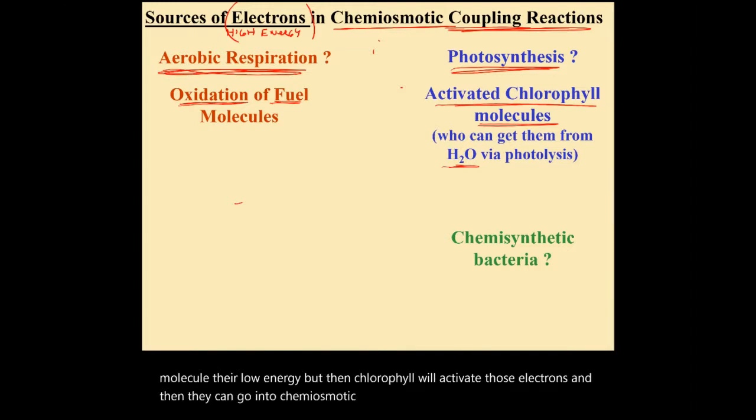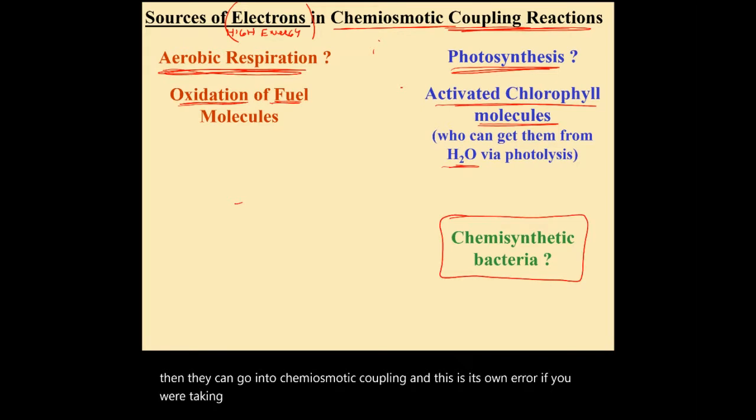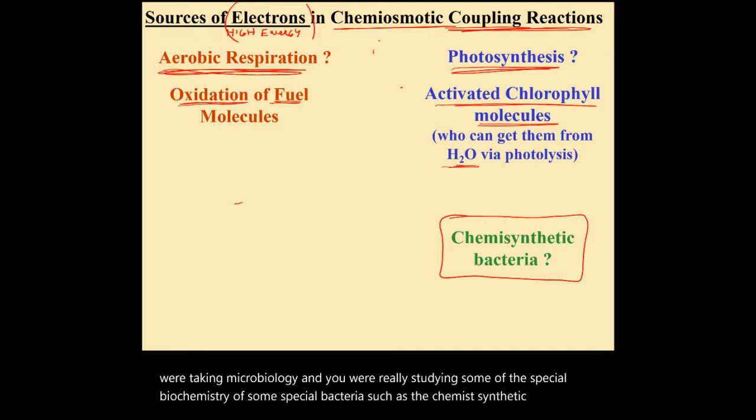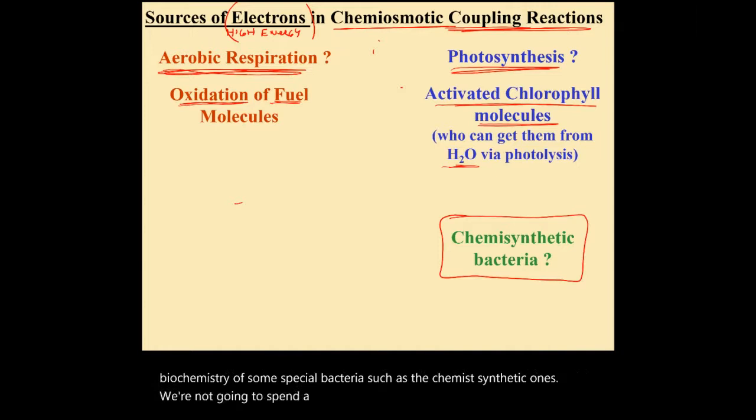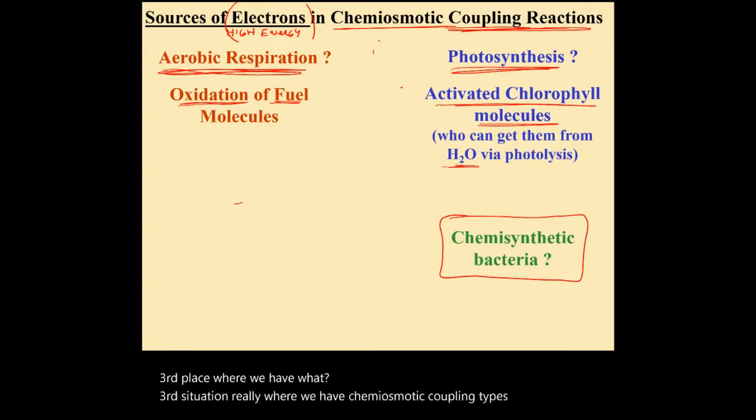And this is its own area if you were taking microbiology and really studying some of the special biochemistry of some special bacteria, such as the chemosynthetic ones. We're not going to spend a lot of time talking about that, but this is actually the third situation where we have chemiosmotic coupling types of reactions, membrane-based reactions.